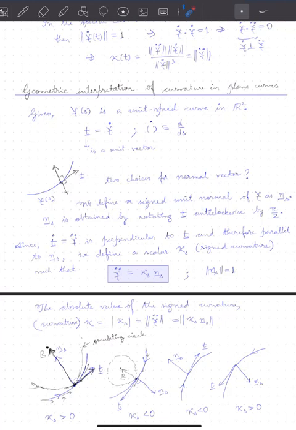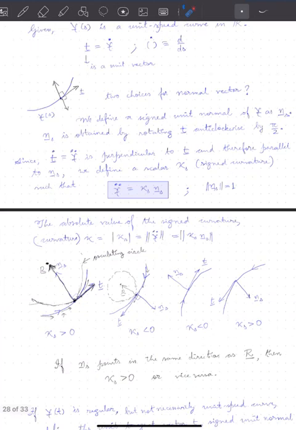And we define a scalar kappa of s, which is the signed curvature, such that gamma double dot is equal to kappa of s times the n of s vector, right? And the absolute value of this signed curvature gives us the curvature, kappa, defined as the magnitude of kappa of s. So it is essentially the norm of gamma double dot.